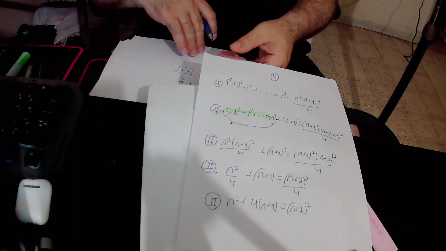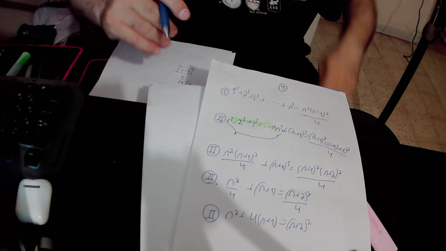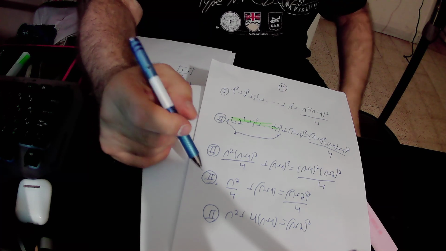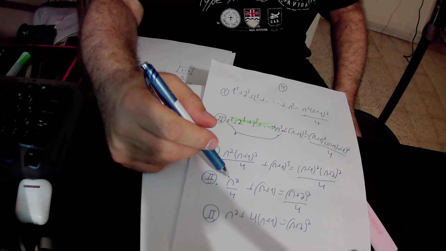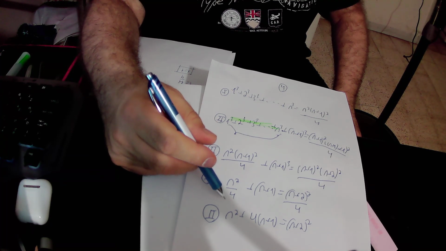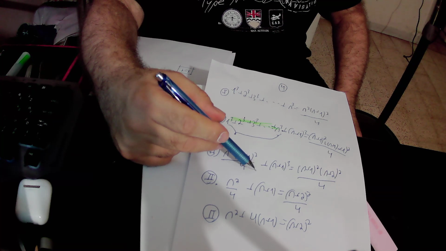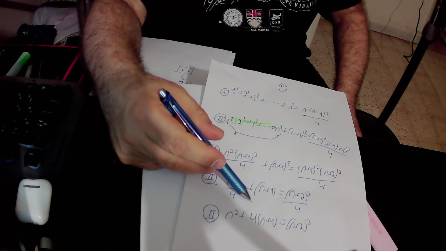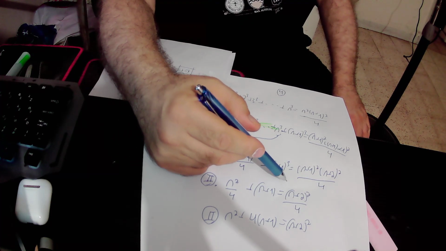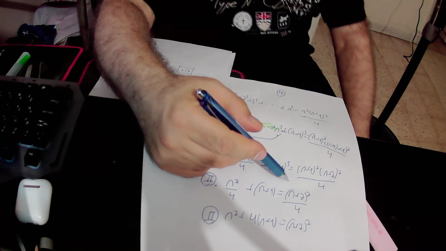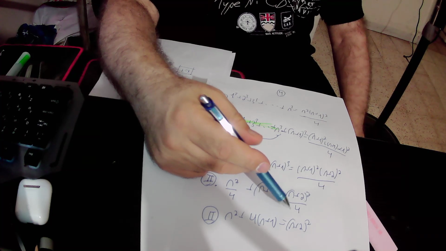So after we multiply both sides of the equation by 4, we got that n squared divided by 4 times 4 equals n squared, (n plus 1) times 4 equals 4(n plus 1), and (n plus 2) squared divided by 4 times 4 equals (n plus 2) squared.